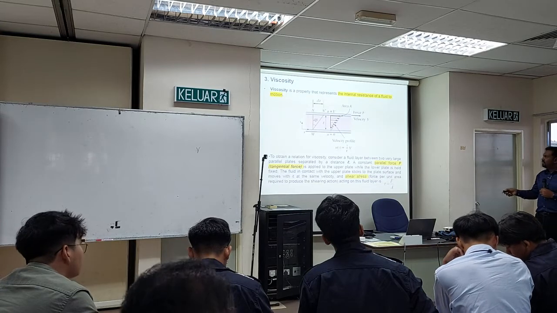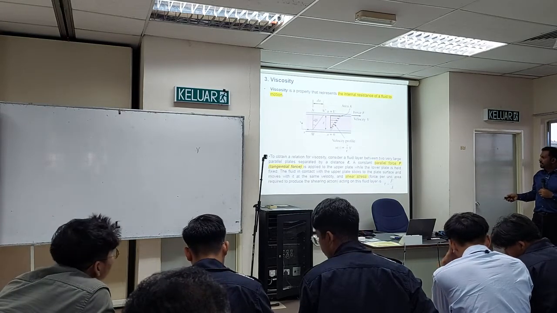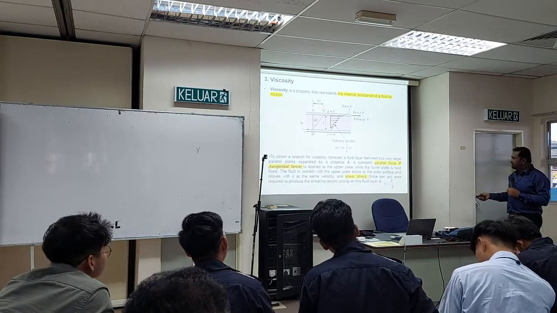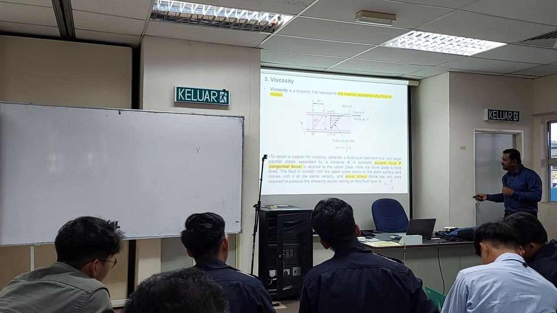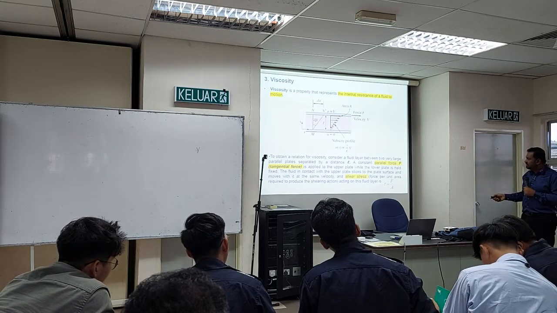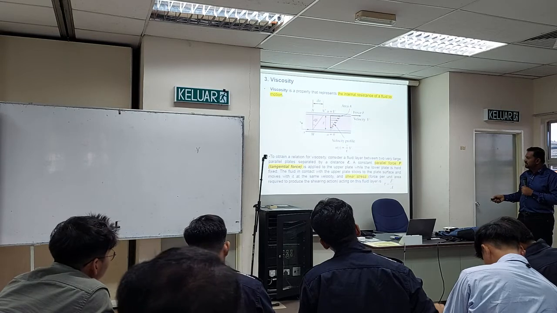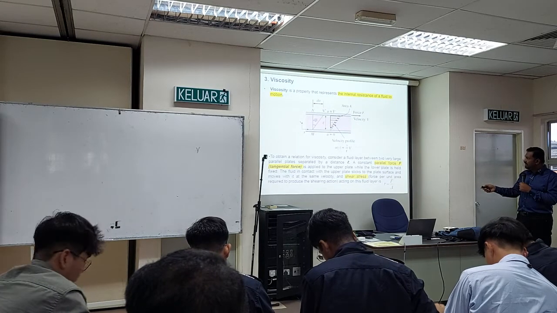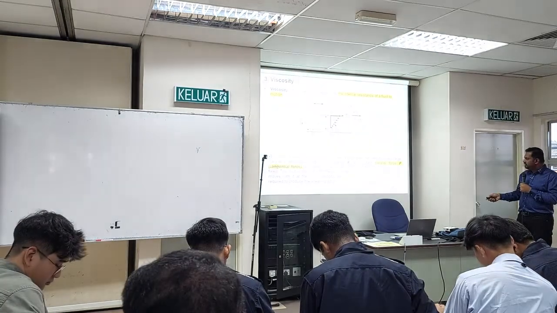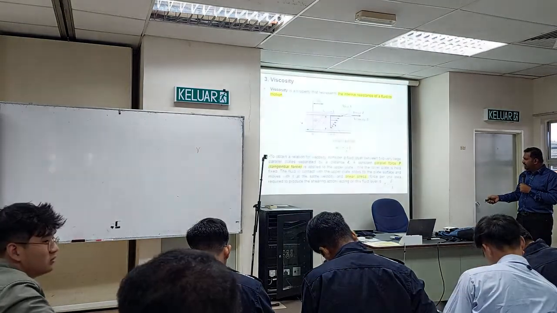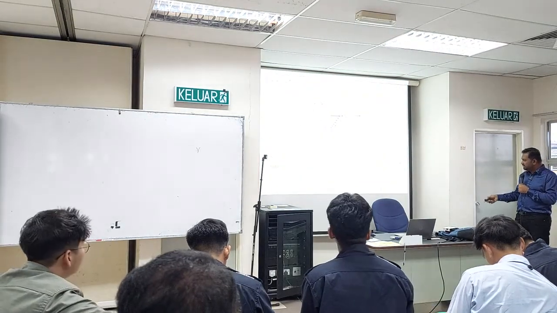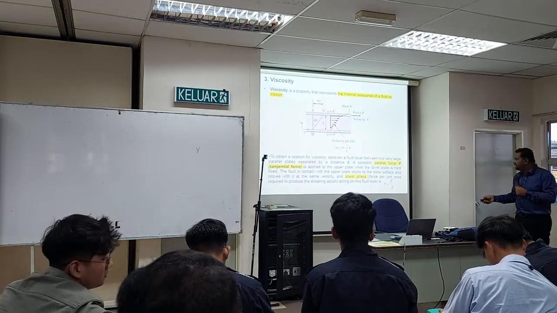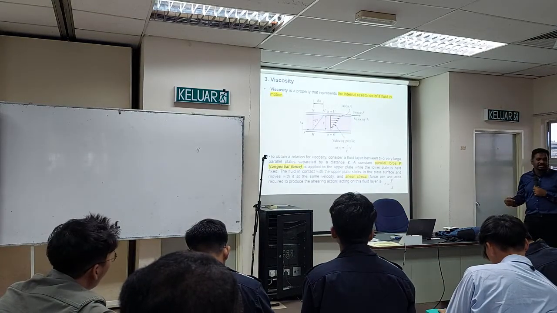So actually I'm not really going through this. Tapi some of the yellow highlighted stuff, a constant parallel force, tangential force. So ada satu force dekat sini. And you have a shear stress, you boleh baca. So if you don't understand, you can ask me later lah, during our discussion.